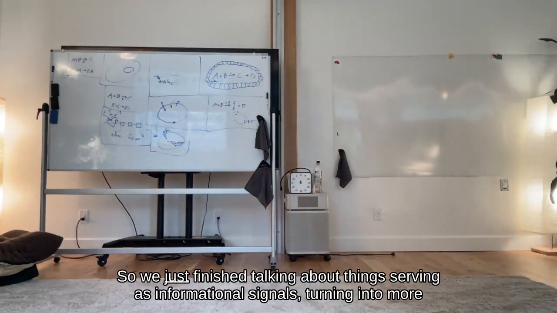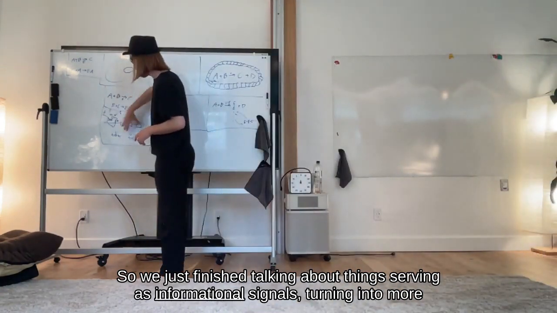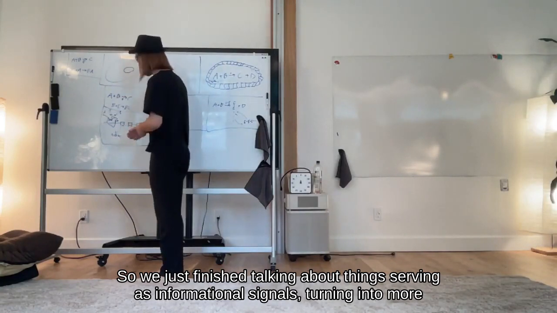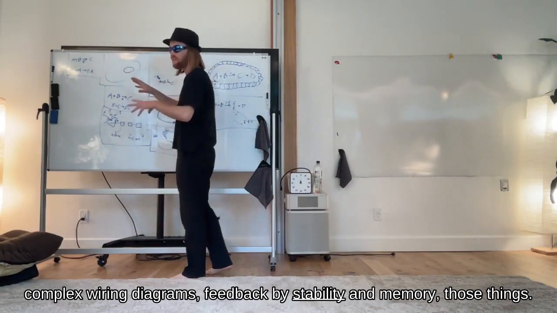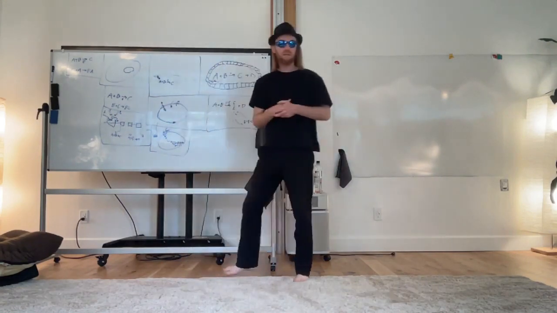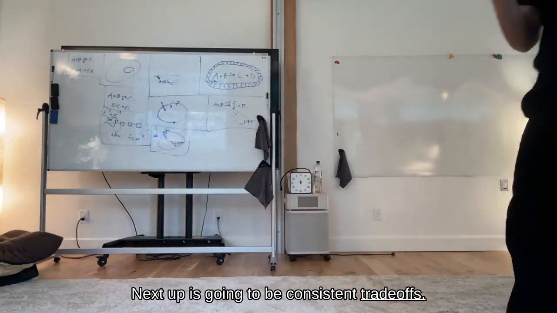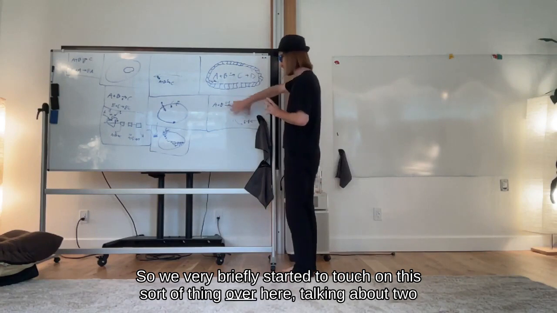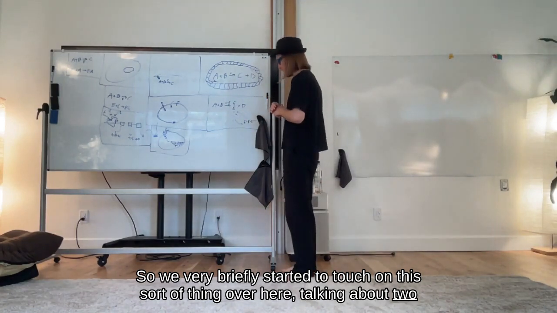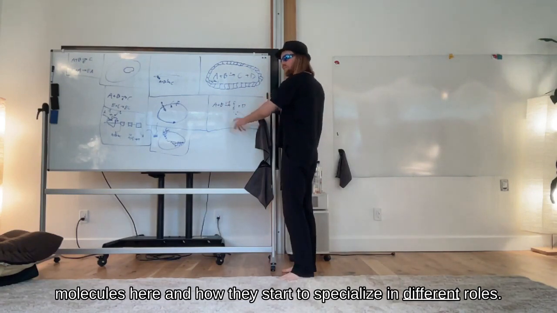So we just finished talking about things serving as informational signals, turning into more complex wiring diagrams, feedback, bistability, memory, those things. Next up is going to be consistent trade-offs. We very briefly started to touch on this over here, talking about how we have two molecules and they start to specialize in different roles.